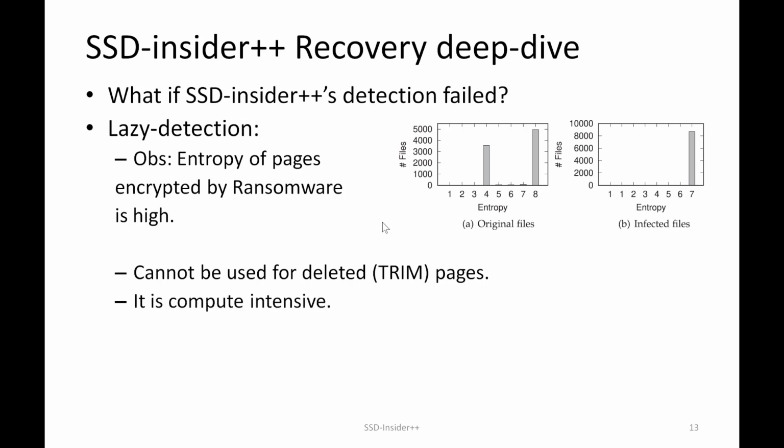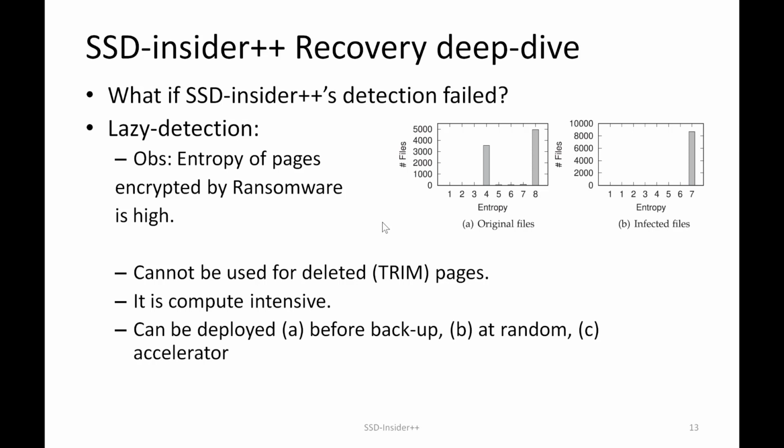The other challenge is that such entropy calculation requires a lot of computation, and an SSD being a very small device with very specific power, area and performance parameters, supporting such entropy calculation can be challenging.